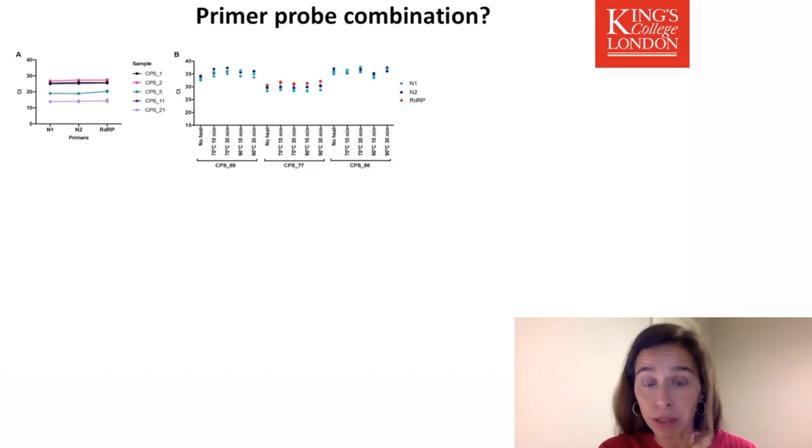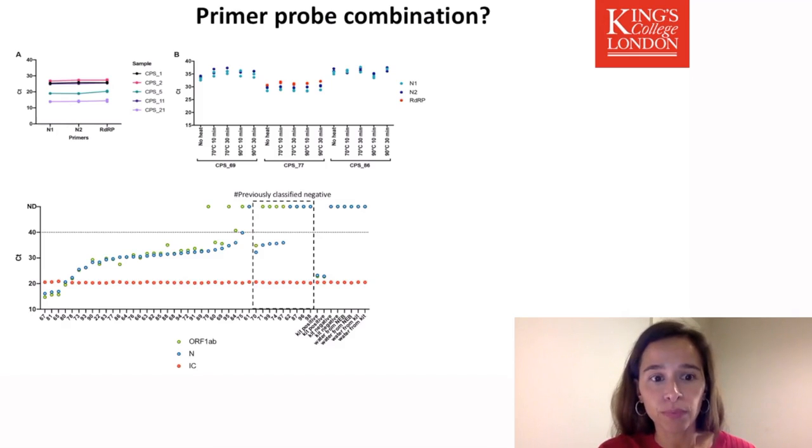However, when we started using samples that had much lower viral loads, which means higher CTs, because you need to amplify more to be able to see it, what we saw is that the red dots, the RDRP gene, disappeared. So actually, it was the detection of N that allowed us to see samples that had very low viral loads. And we also assessed how heat could interfere with this process, and we saw that there was no variation in our qPCR results.